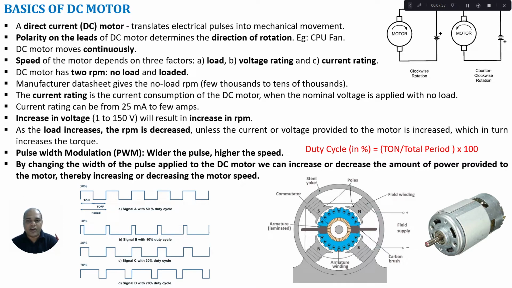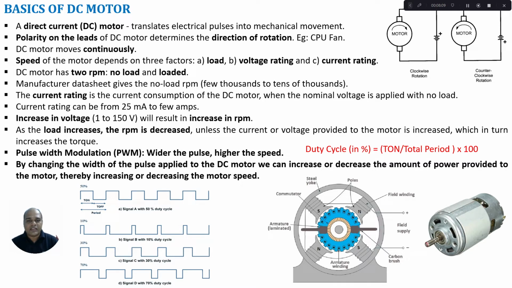It can source or sink 40 milliamperes of current through the GPIO pins. But if the motor requires more than 40 milliampere, in that case our microcontroller will not be able to support it. So in that case, what do we have to do?